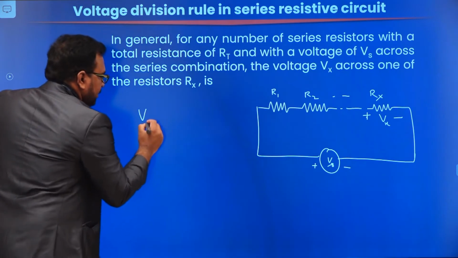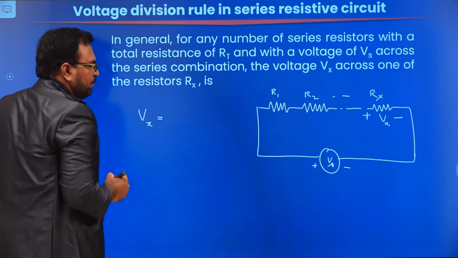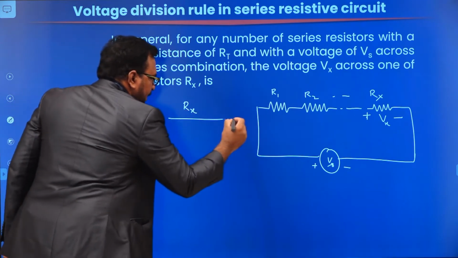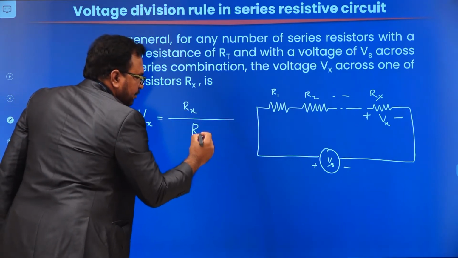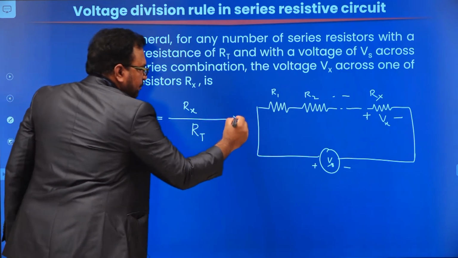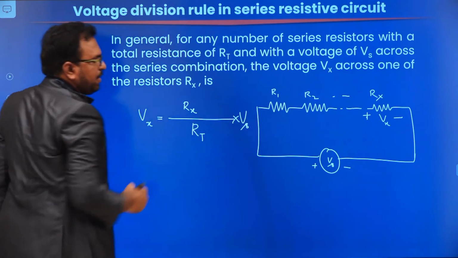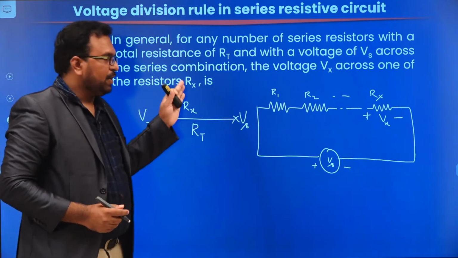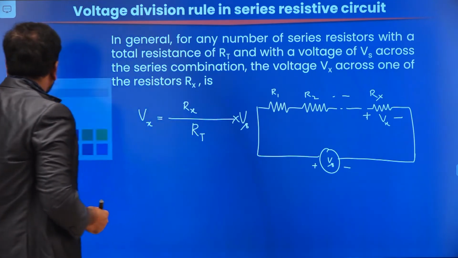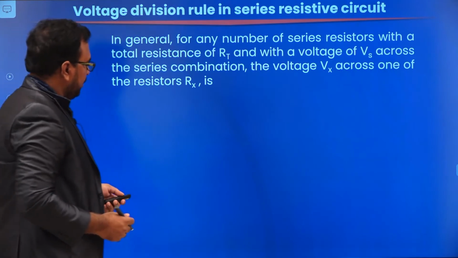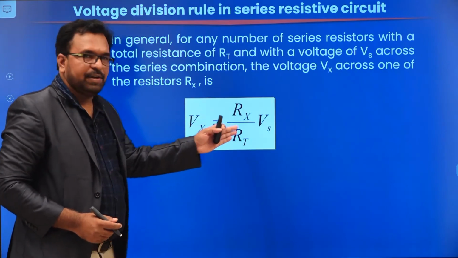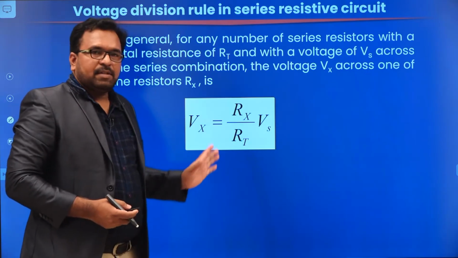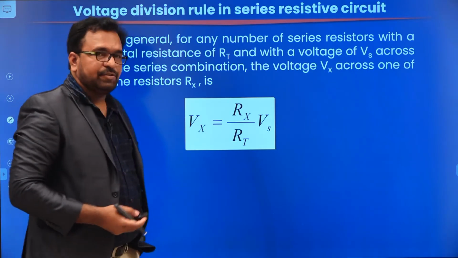The voltage division rule is nothing but Vx is equal to the individual resistance value, which is called Rx, divided by the total resistance RT into the total applied voltage Vs. That's how you are going to apply voltage division rule. So if you want to generalize this, you can write the formula like this: Vx is equal to Rx by RT into Vs. Okay, I think now you are very much clear about this voltage division rule.